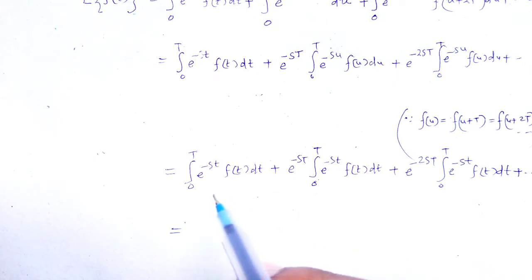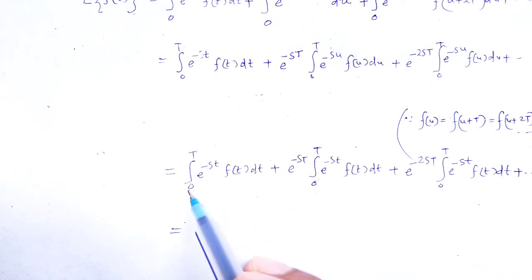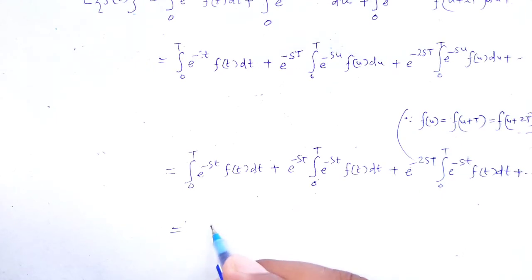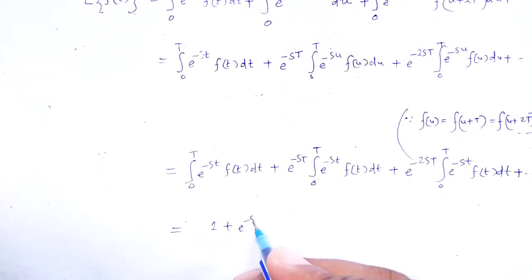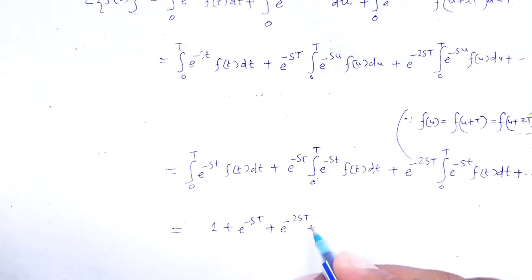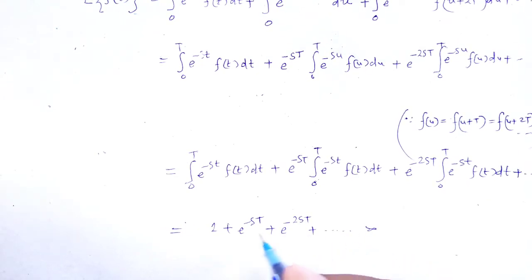In all these terms, taking common integration from 0 to T e to the power minus st f of t dt, 1 plus e to the power minus sT plus e to the power minus 2sT plus dot dot dot up to infinity.